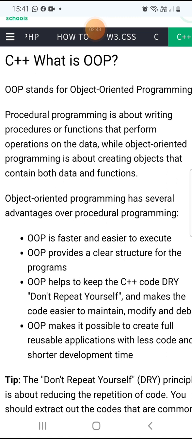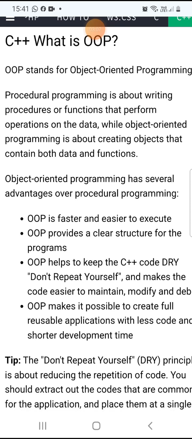These are the terms which are related with object-oriented programming. So in object-oriented programming, we need to create objects. Those objects contain both the data and functions. Here functions, whenever we call them under classes and objects, are called methods, not functions.